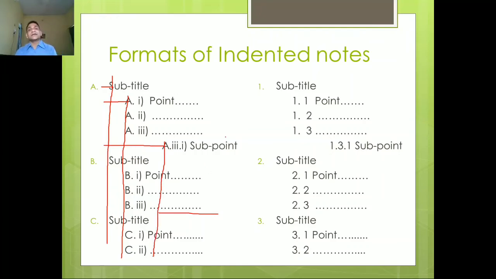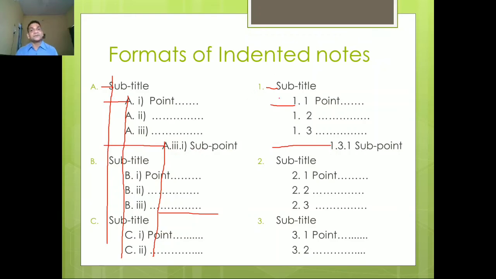The same is the case with this format: subtitle, then point, and then subpoint. So indentation will keep on increasing. You can use the format A, B, C, or you can use 1, 2, 3. If you use subtitle A, then the points may be A.1, A.2, A.3, and the subpoints may be A.3.1, A.3.2.